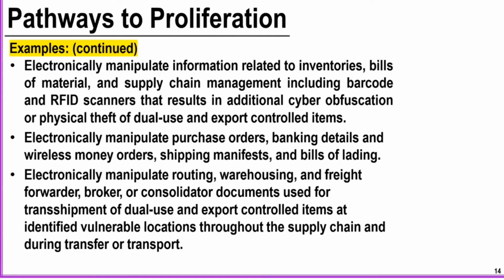Electronically, proliferators can manipulate purchase orders, banking details, and wireless money orders or shipping. Remotely, proliferators can also manipulate information related to inventories, bills of material, and supply chain management, including barcodes and RFID scanners that result in additional cyber complications or physical theft of dual use and export control items.